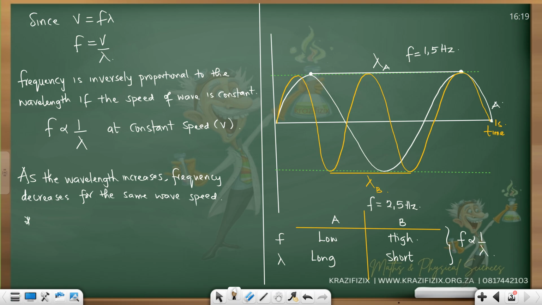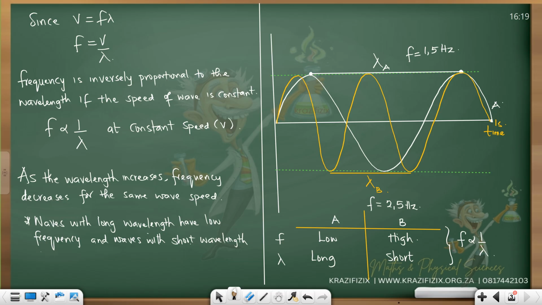If you have space, just put it here: waves with long wavelength have low frequency, and waves with short wavelength have high frequency for the same wave speed.